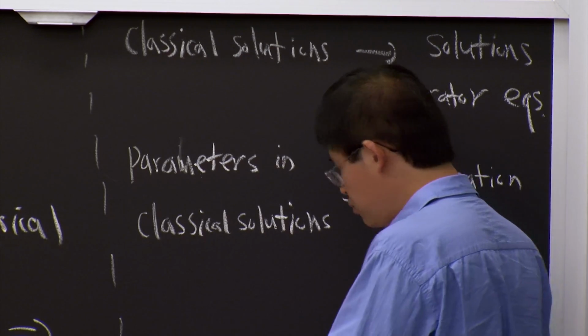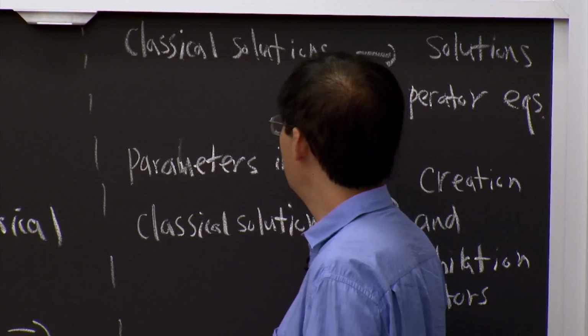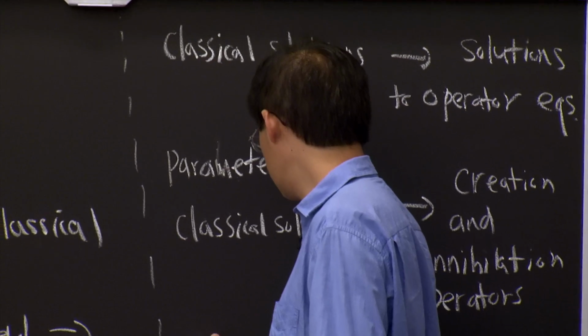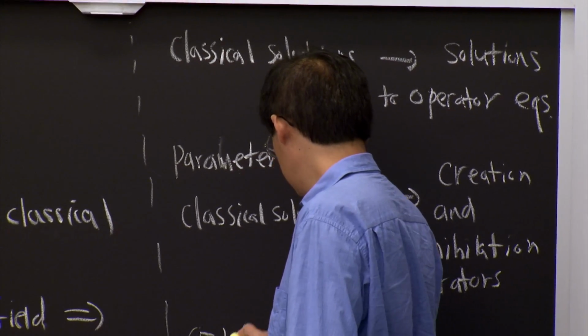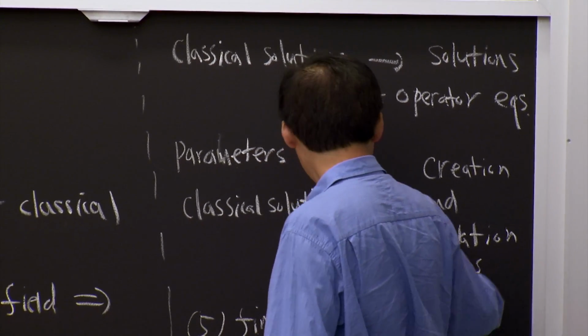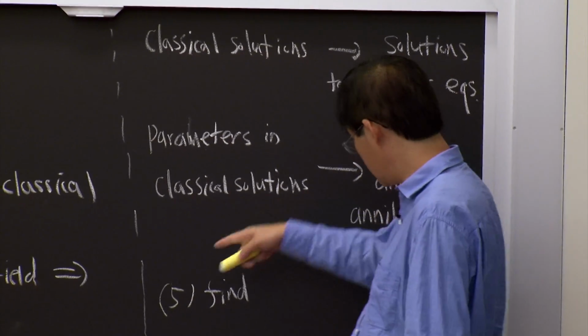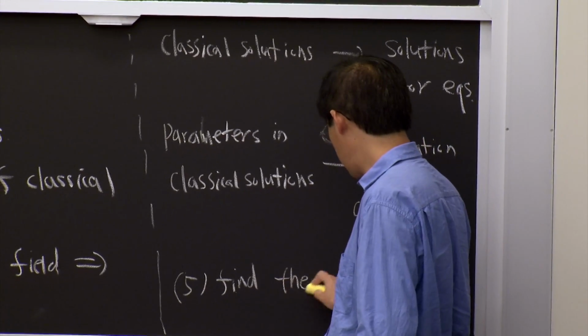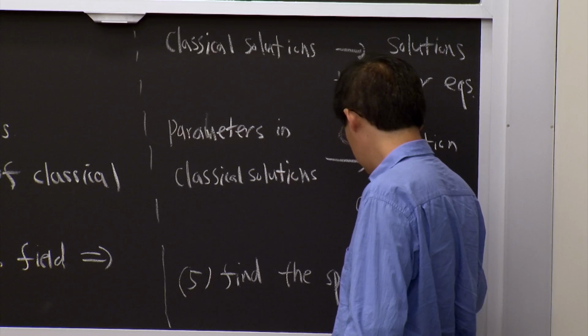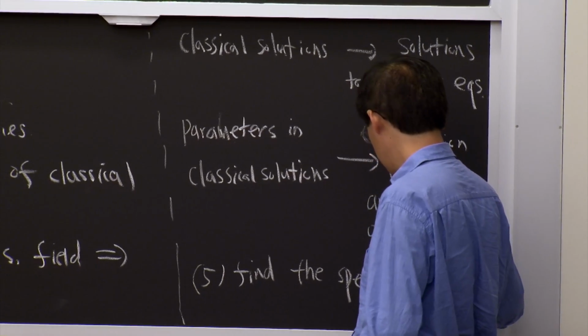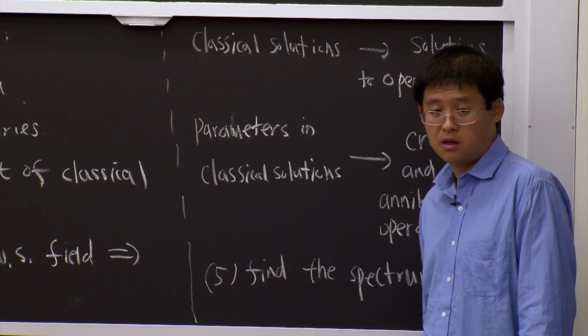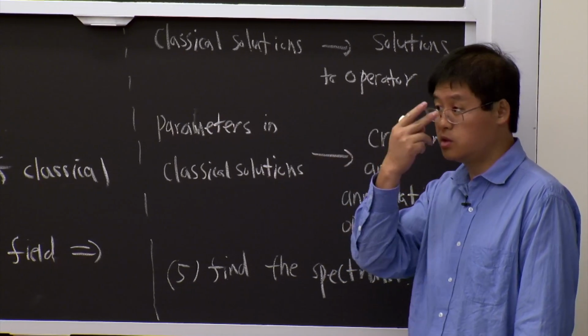And then the last step, once you have the creation and annihilation operators, you can find the spectrum by acting with them on your vacuum.